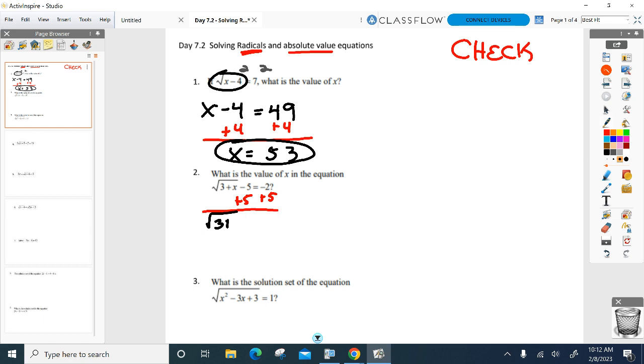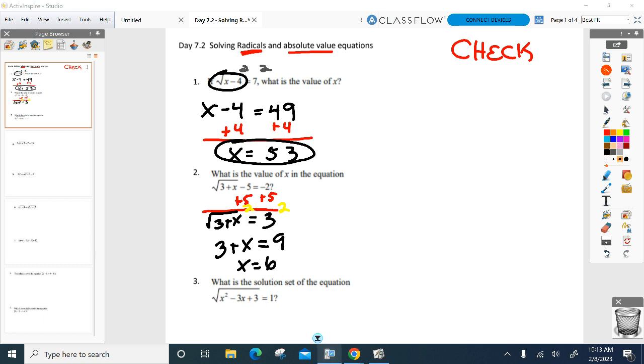Radical 3 plus x equals 3. Now it is completely by itself on one side of the equal sign, so now you can square. So 3 plus x equals 9. X equals 6.